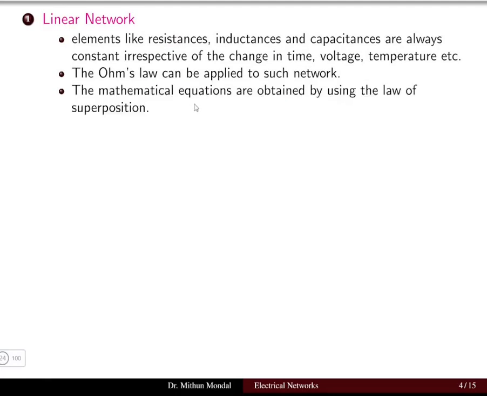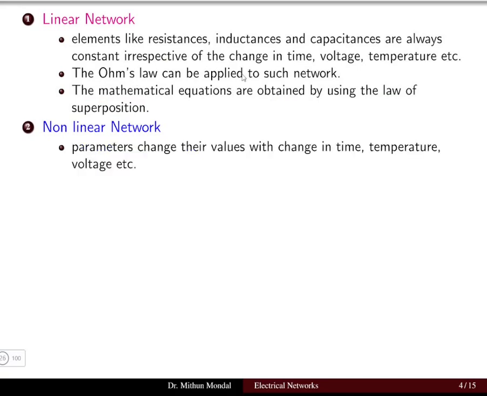The mathematical equations are obtained by using the law of superposition. We have not studied the law of superposition yet, we are going to study it. But for the time being, we understand that whenever we have a linear network, Ohm's law will be valid and the law of superposition will be valid.